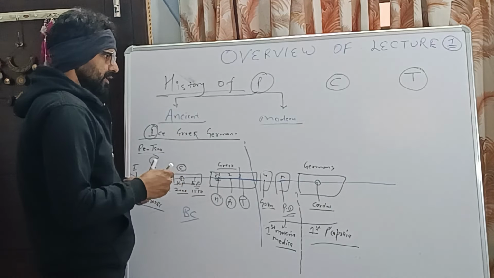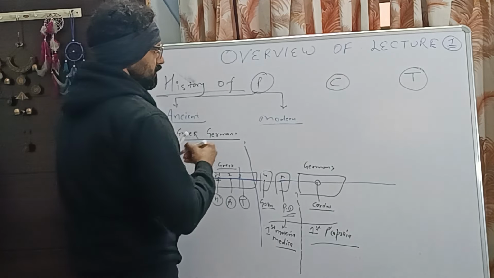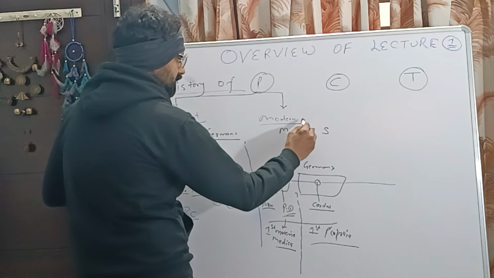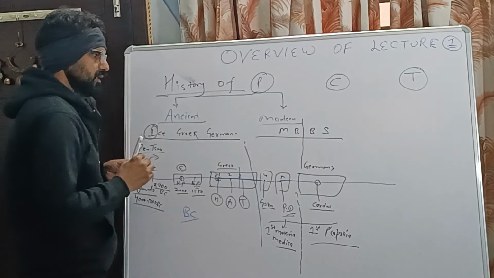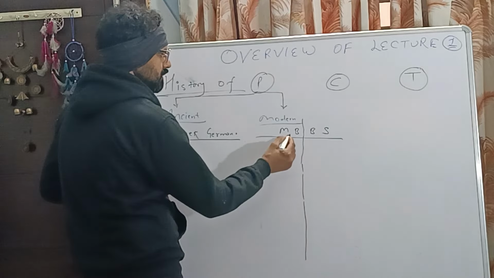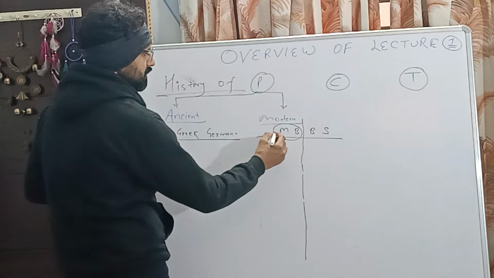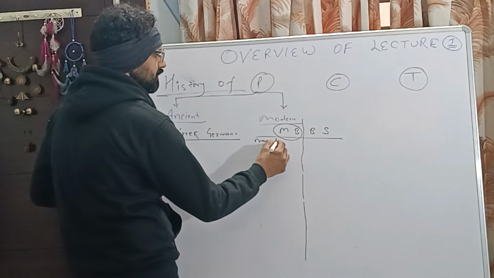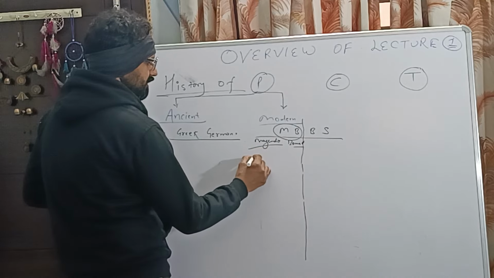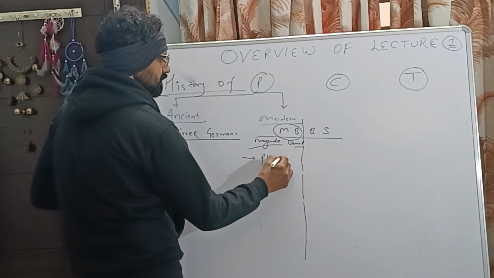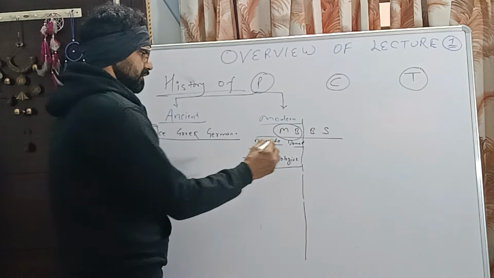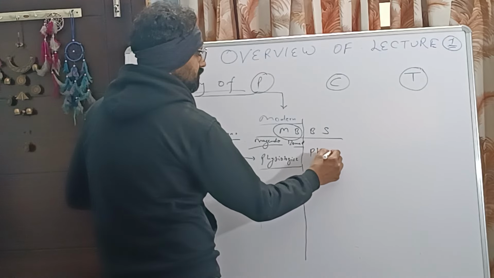If we see the modern time, then the trick is MBBS. In case of MBBS, these two scientists, that is Magendie and Bernard, were physiologists, and these two scientists were pharmacologists.